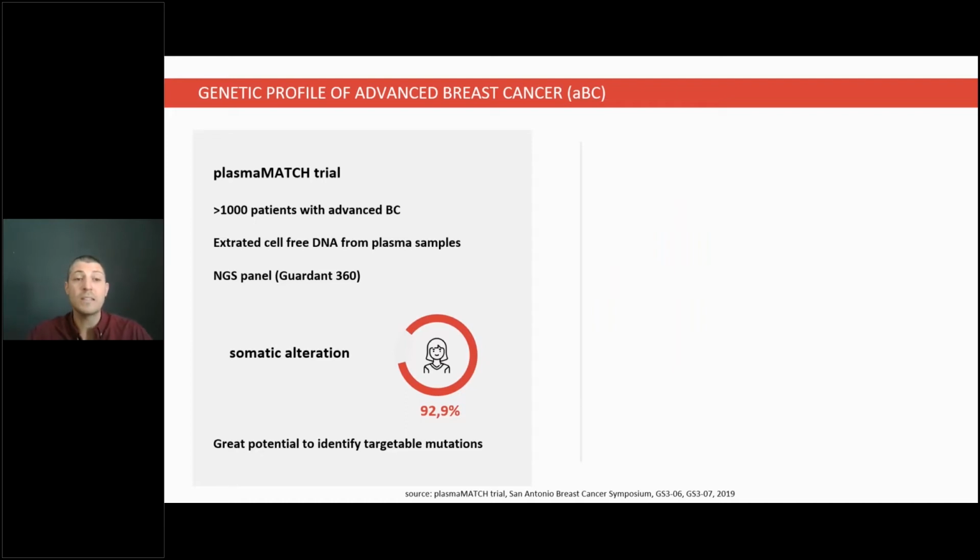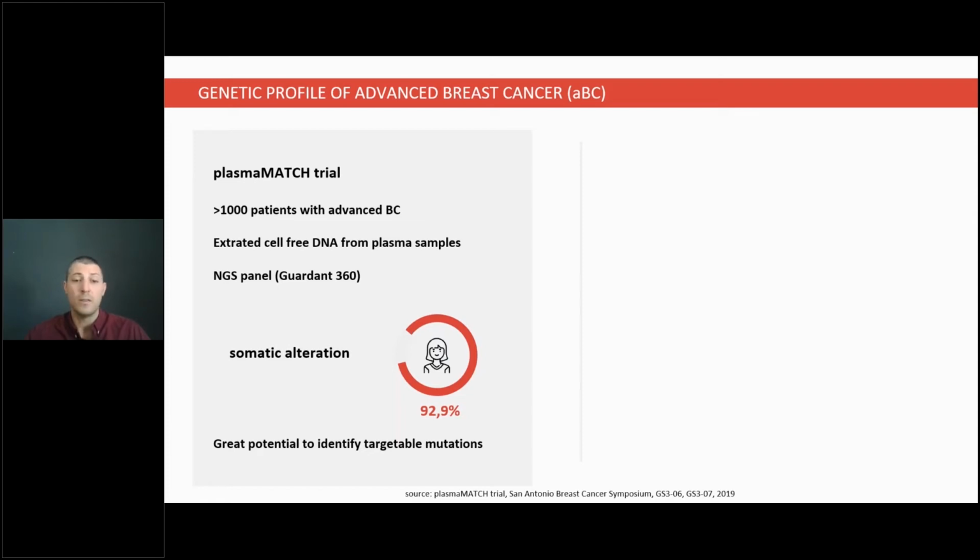Therefore, I would like to cite some data from the plasma match trial. The plasma match trial is a big trial which is still ongoing, I think, with more than 1,000 patients with advanced breast cancer. For these patients, samples were collected and cell-free DNA was analyzed by a comprehensive NGS panel, the Guardant 360.